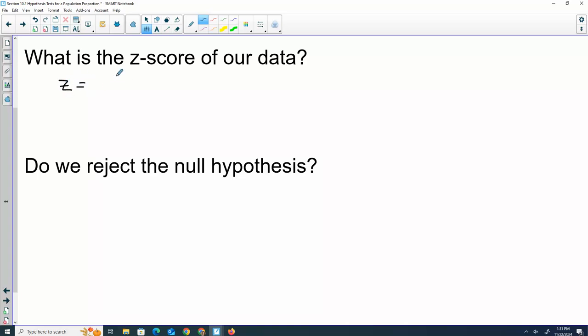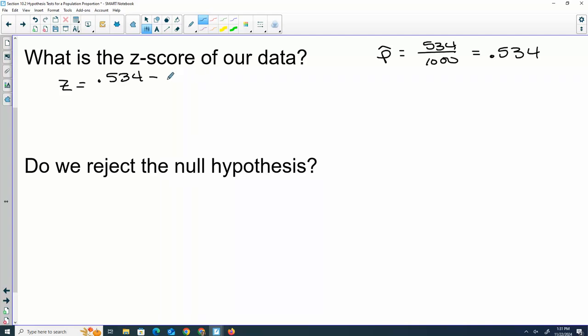Z is our value. Our value, remember that p hat in the beginning was 534 over 1,000. So 0.534. So it's our value minus the mean.